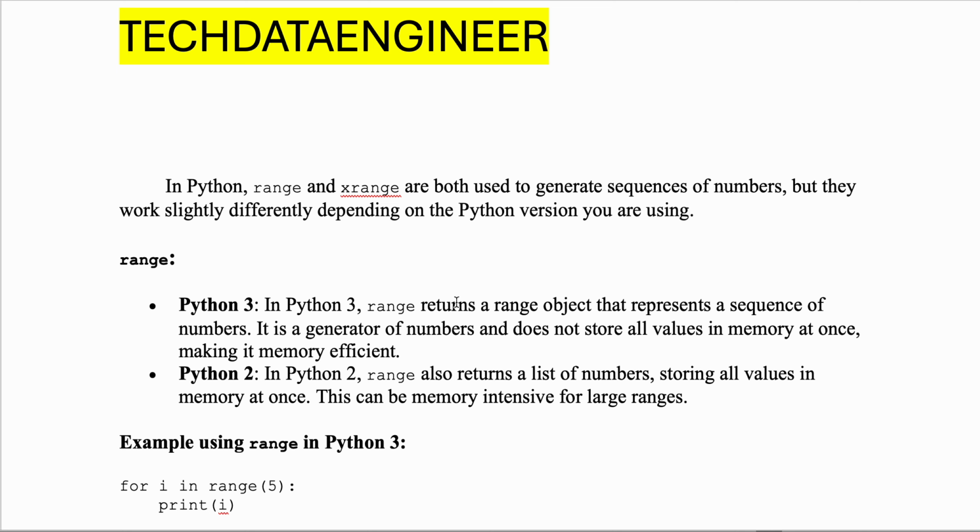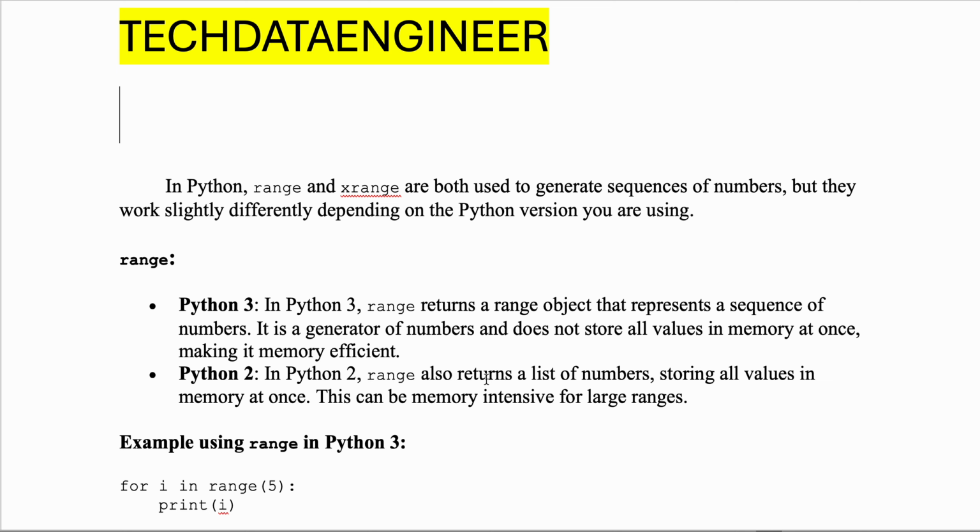But in version 2, if you are using range and generating numbers from 0 to 100, it will generate the numbers and store all values in memory. So that is the basic difference. In range in Python 3, it generates the numbers from 0 to 100 but does not store values in memory, which makes it more efficient.